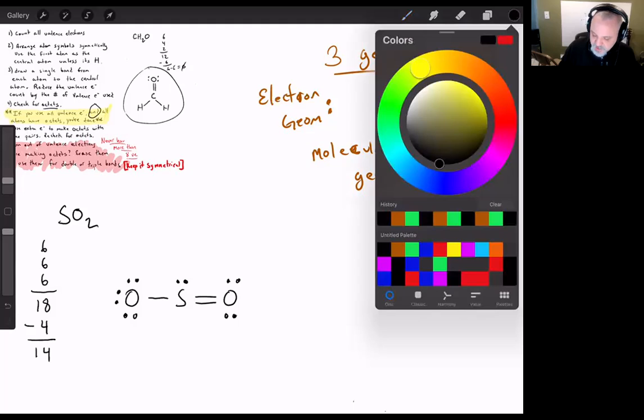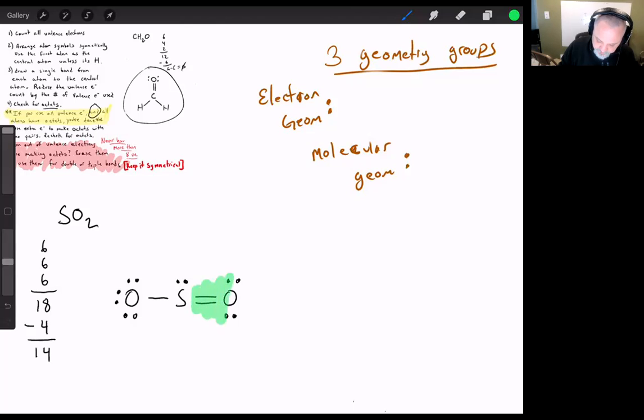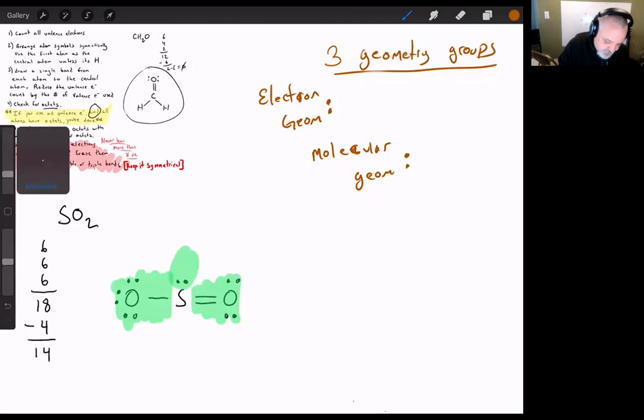So let's count the geometry groups so we can figure out the geometry. It has 1 geometry group here, 1 geometry group there, and 1 geometry group there. So that's 3 geometry groups. So what's the parent geometry? What's the electron geometry?